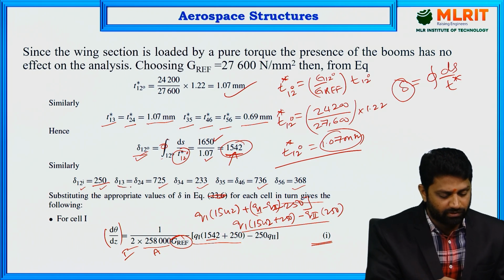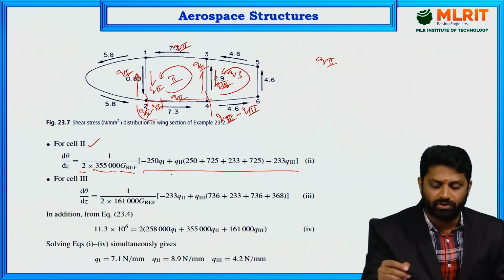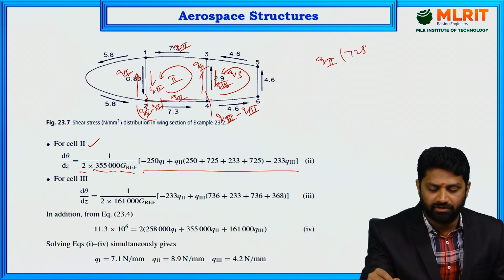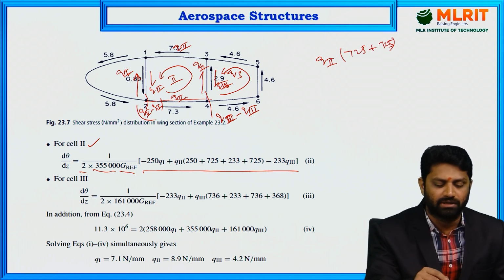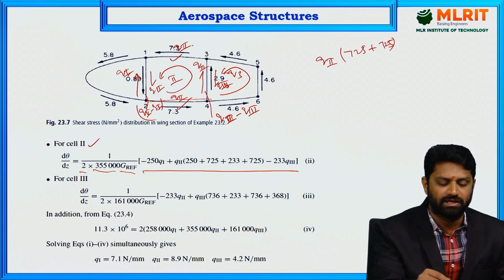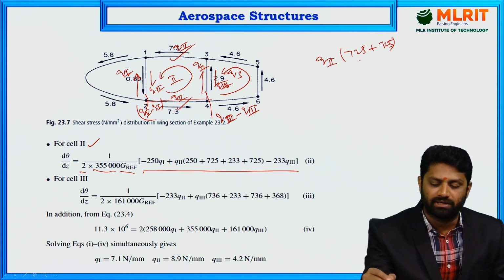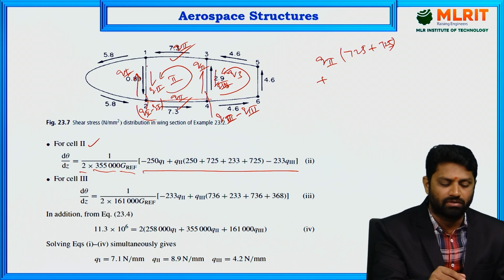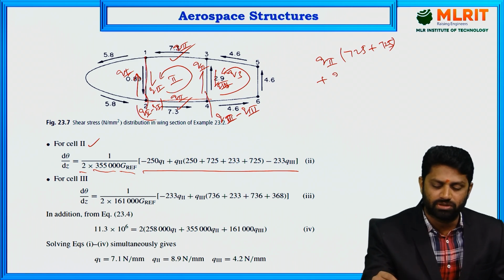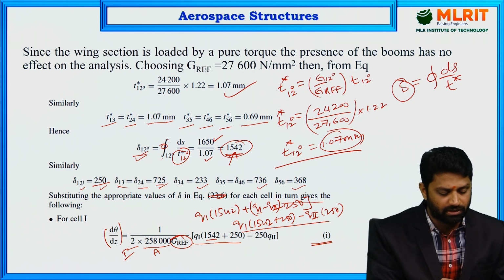So 2 4 and 1 3, you got 725. Okay, so we'll write 725 plus 725, such that you will get for 2 4 as well as 1 3. And let's try to write next for wall 1 2. So for wall 1 2, the shear flow would be Q2 minus Q1 into its delta value. What we got is 250.